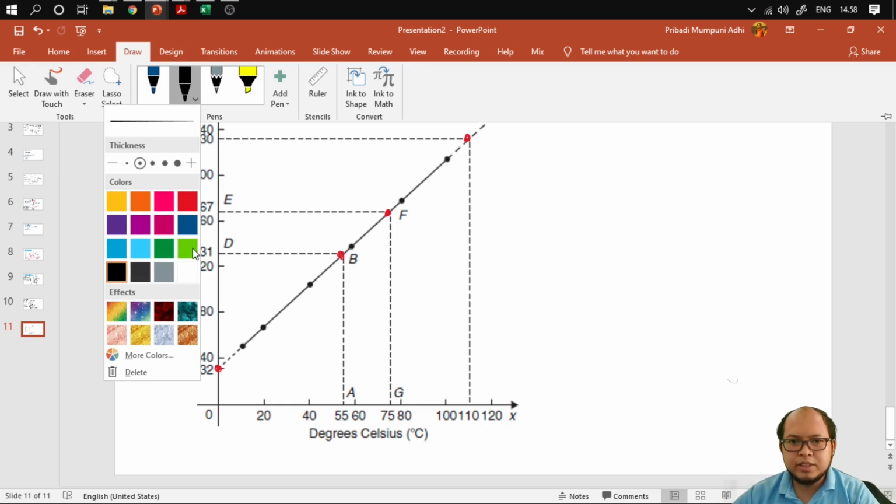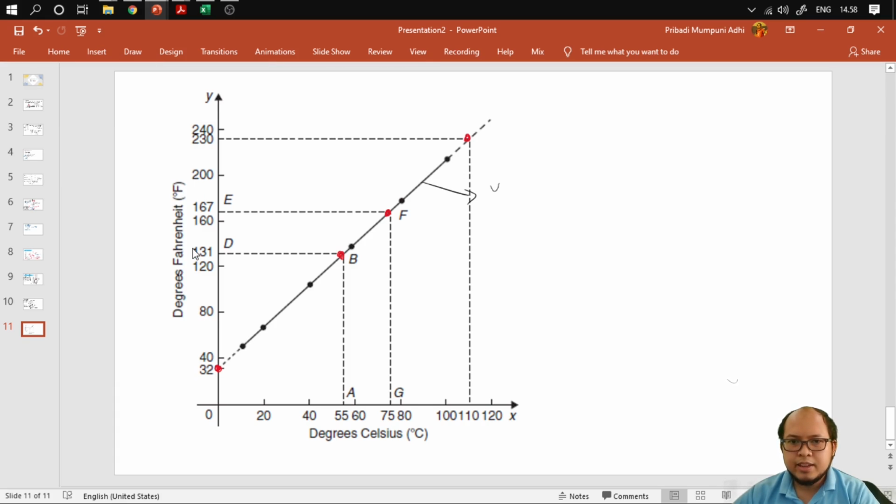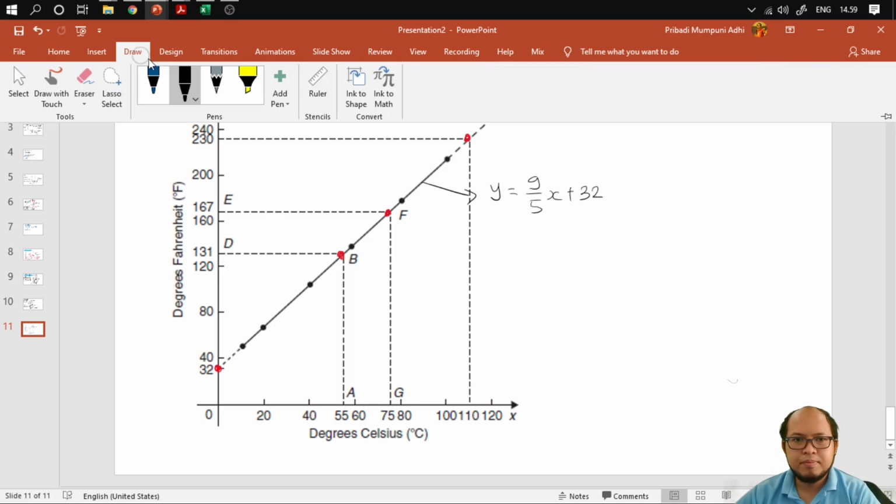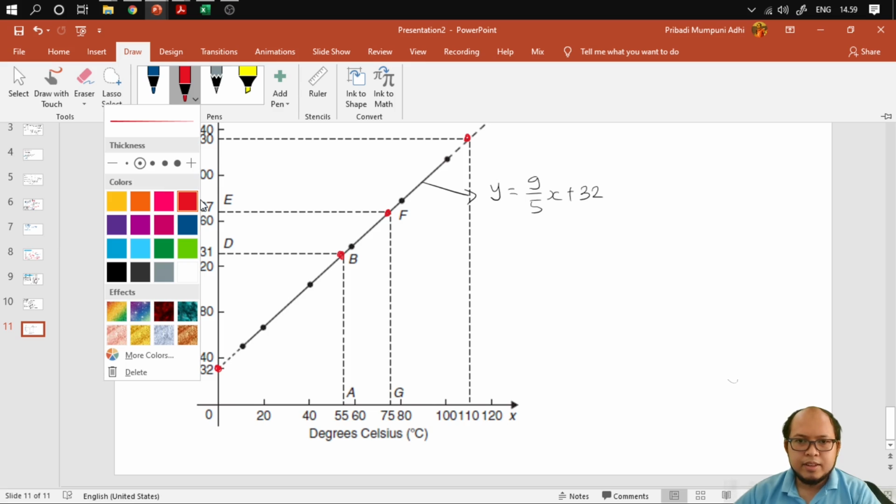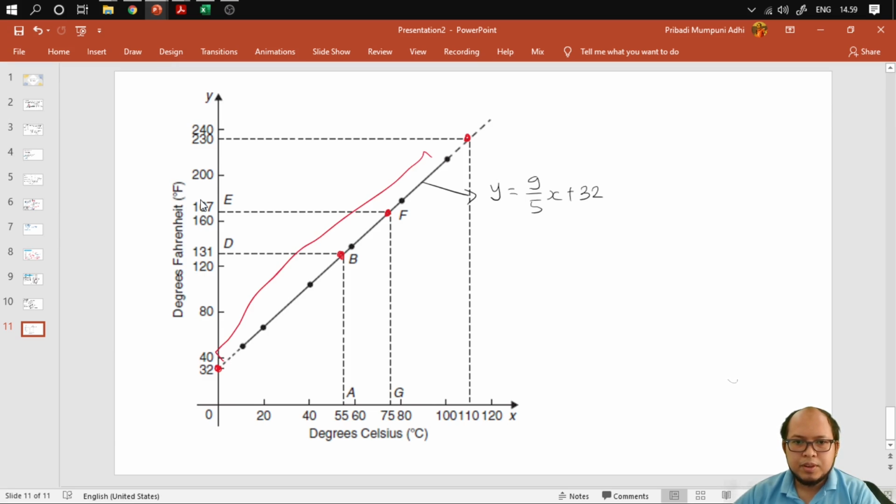From the linear equation, we know that this line has the equation y equals 9/5 x plus 32. And to find the unknown values from the known points, we make interpolation.